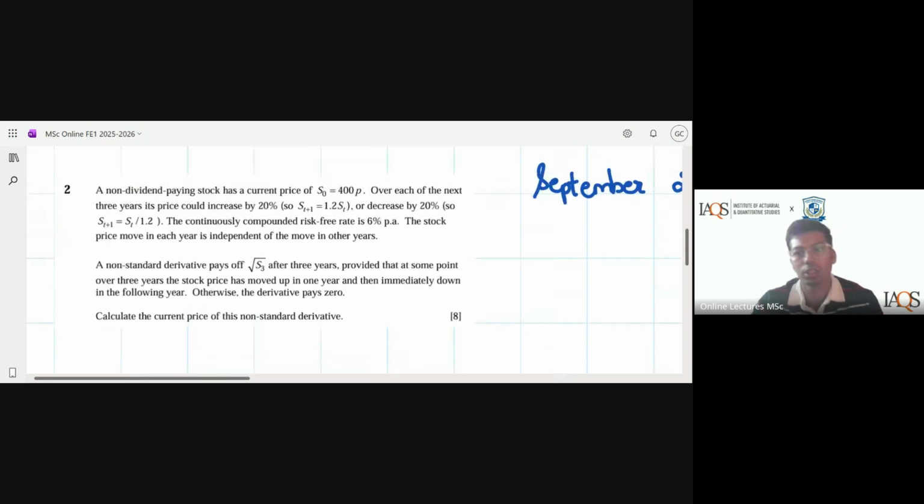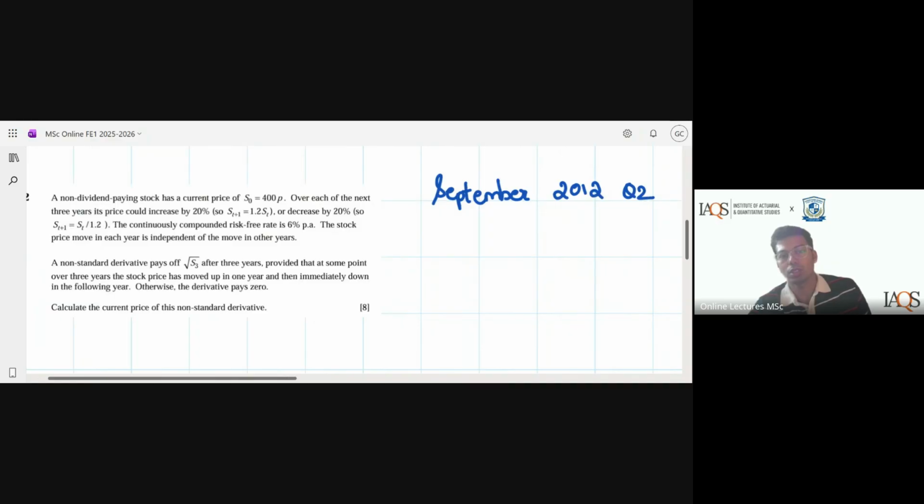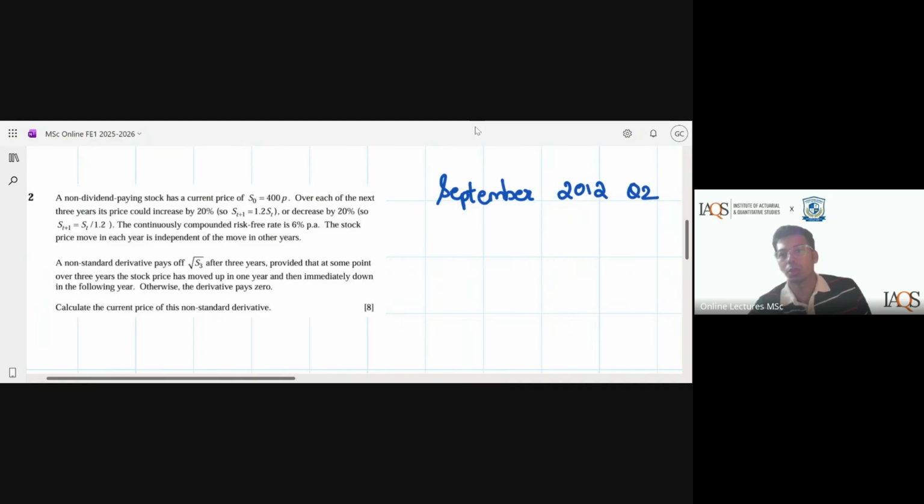Okay, solve this one. September 2012 question 2. Remember your increase decrease they've given you, so you don't have to apply your minds to it.